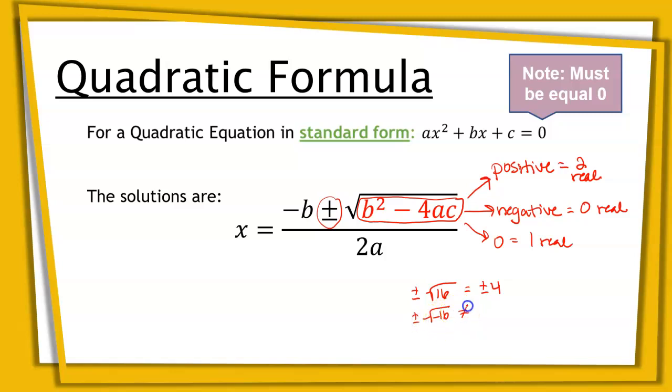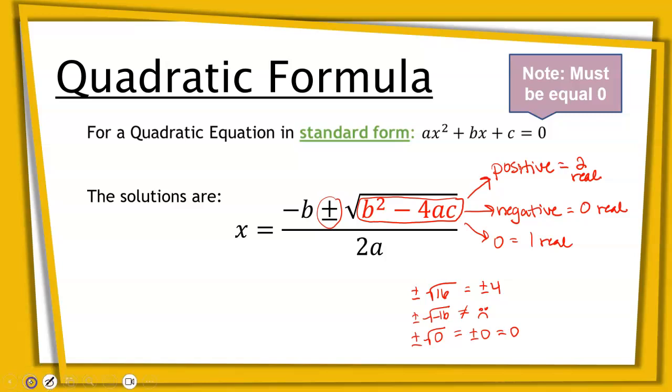There's no solution to this. So in this case, we can't find any solutions, which is why we don't have any real solutions. And then if the number was 0, well, the square root of 0 is just 0. So plus 0 and minus 0 are the same thing. And so that's why we get just 1 solution.